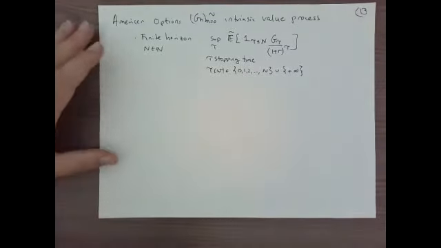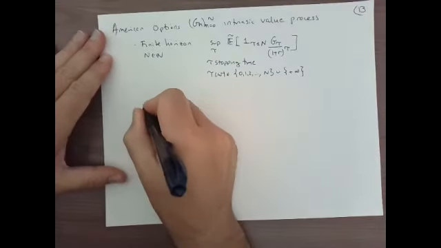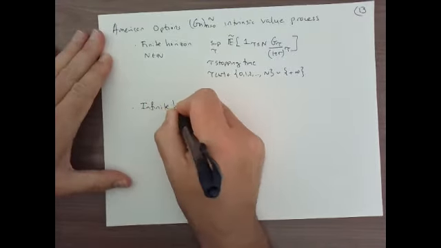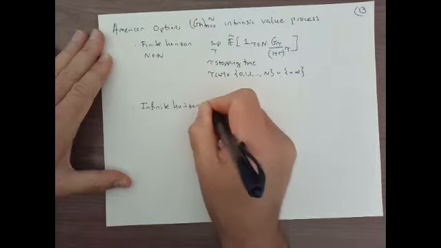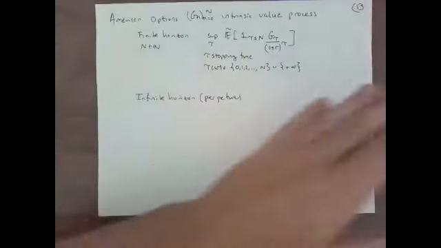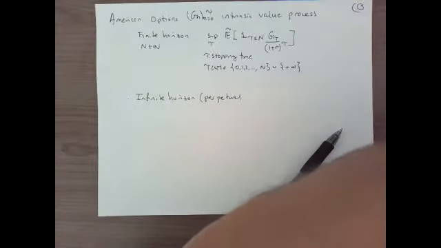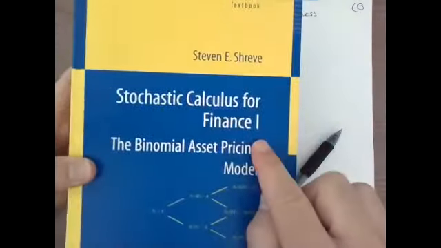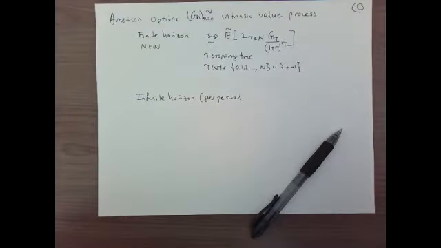And then we also have an infinite horizon version. These are called perpetual. Let me show you the distinction so you can see where we are. We're looking at the first book.